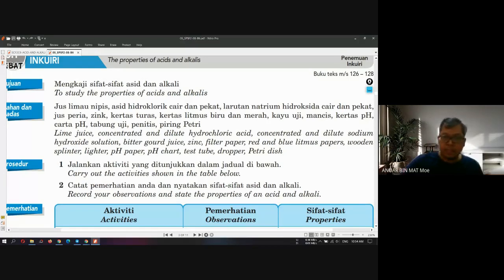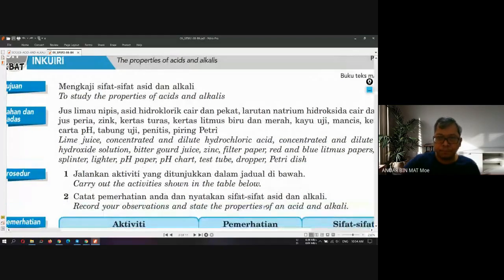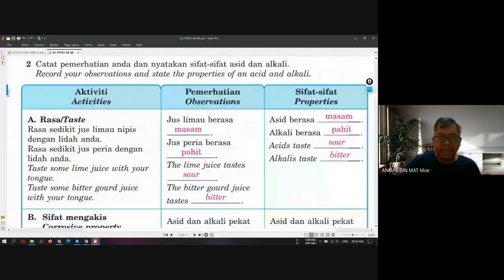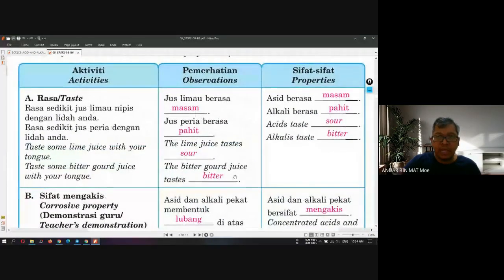So I think this is the properties of acids and alkalis. The aim for today, on page 65, is to study the properties of acids and alkalis. We have a few activities here, and then observation, and then the properties.